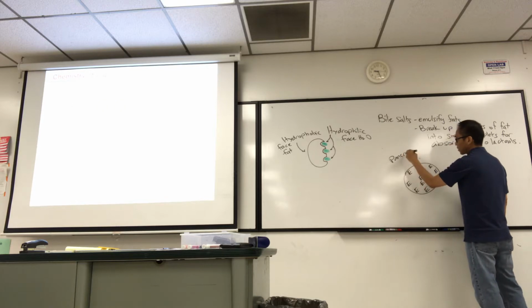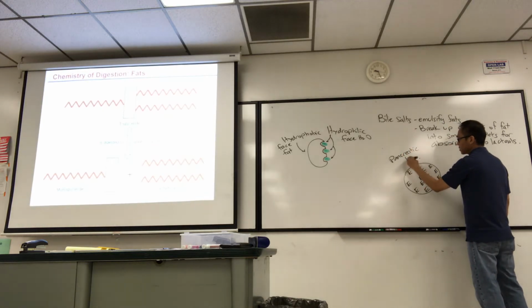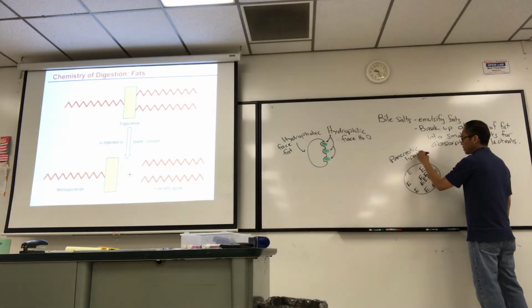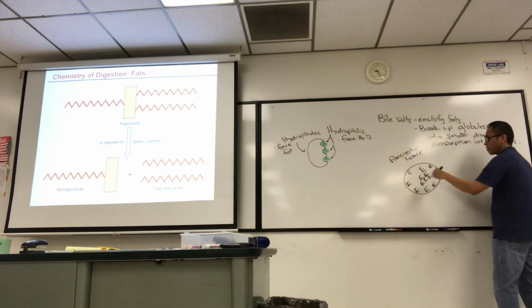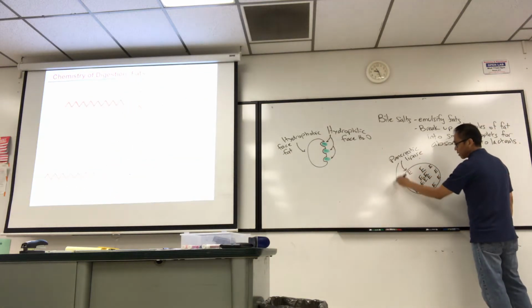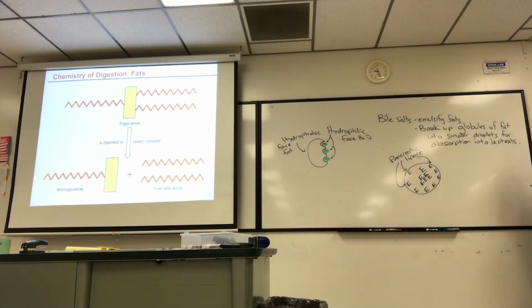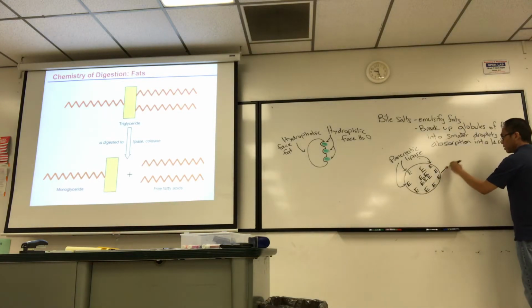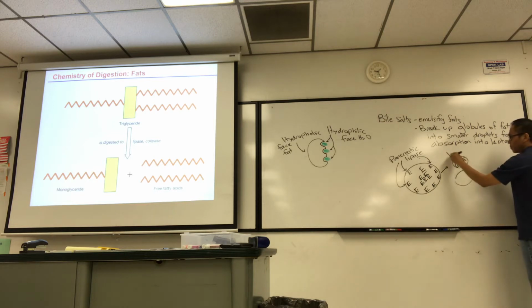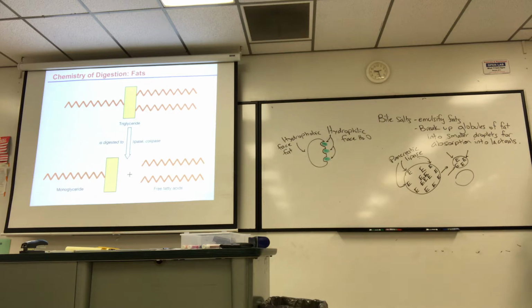So let's say it's pancreatic lipase, the enzyme that digests fat. If you have a large fat globule, you can only attack the outer molecules of fat. But if you break it up into smaller droplets, you can digest more of them. Okay, so that's how emulsification aids fat digestion.